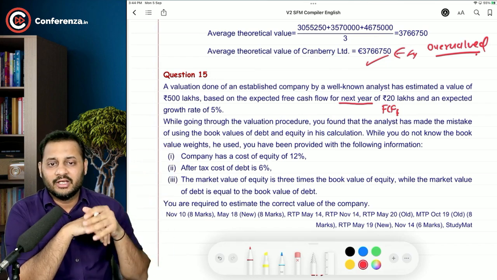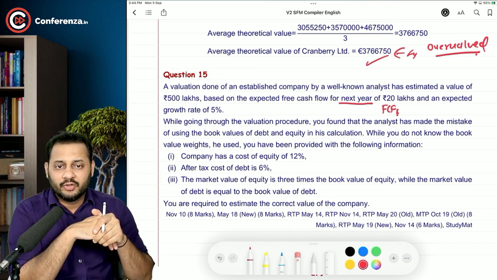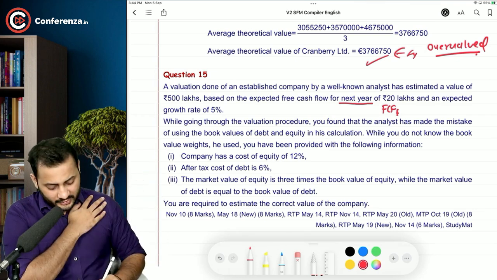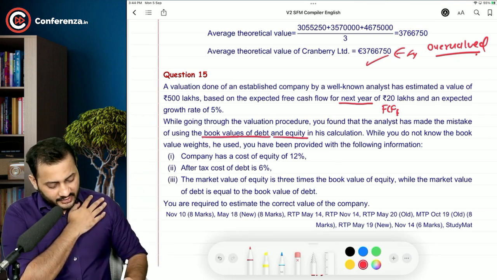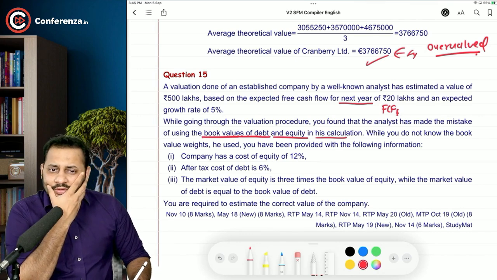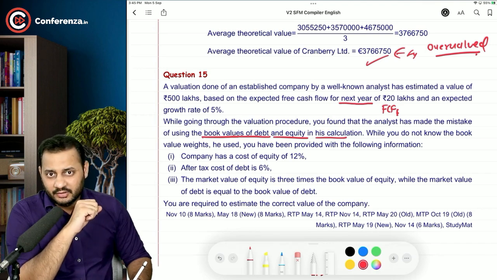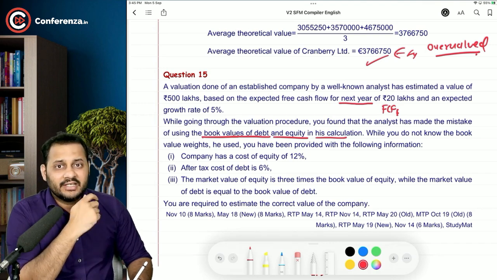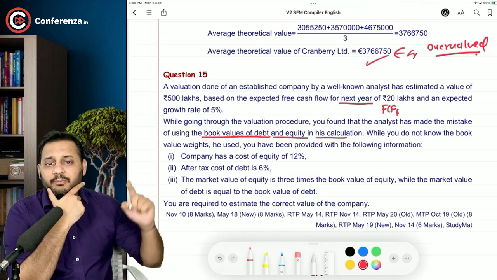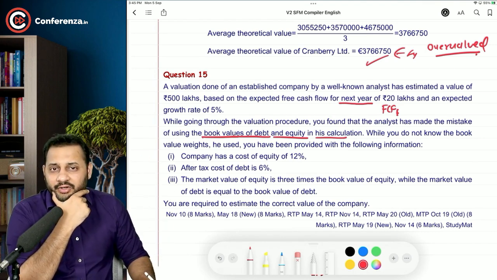While going through the valuation procedure, you found that the analyst has made the mistake of using the book value of debt and equity in his calculation. So what is this mistake? While calculating the overall cost of capital, the weighted average cost of capital, he took the book values of debt and equity instead of the market values.